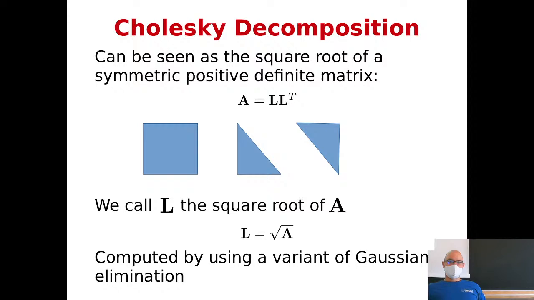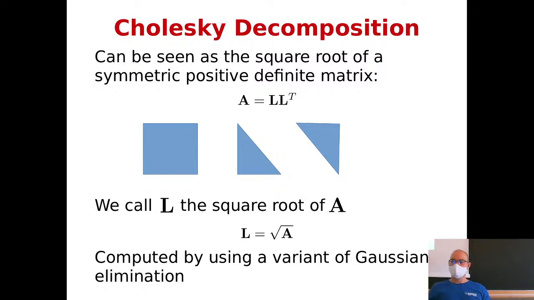And it's more or less the analogue of the square root. So if A was a scalar, the Cholesky decomposition of this scalar would be just its square root, because if it's positive, there's only one number that, multiplied by itself, returns the original number, which is basically the square root.